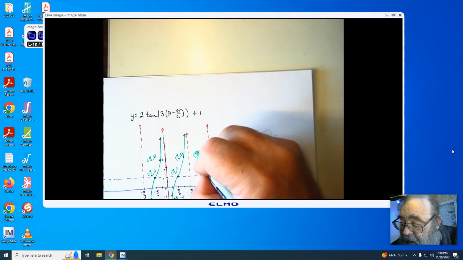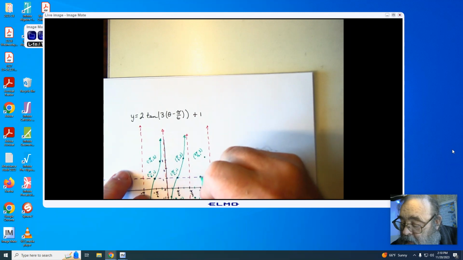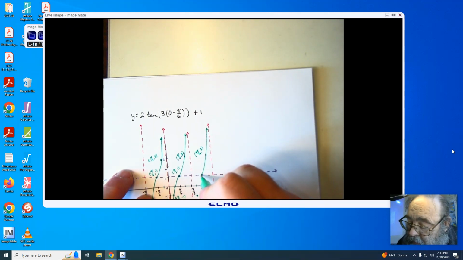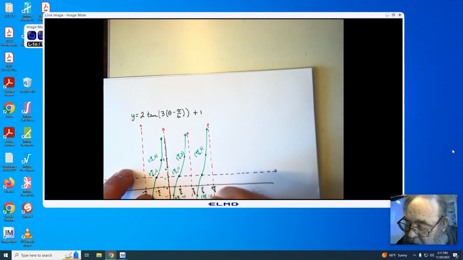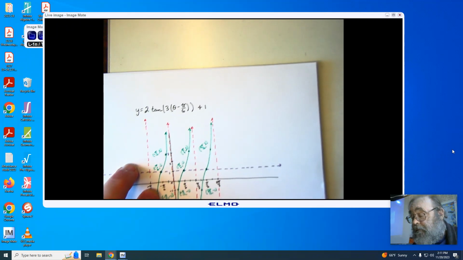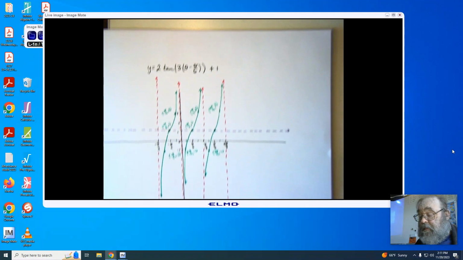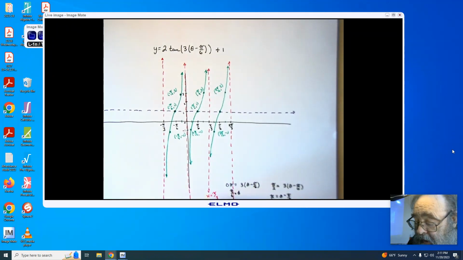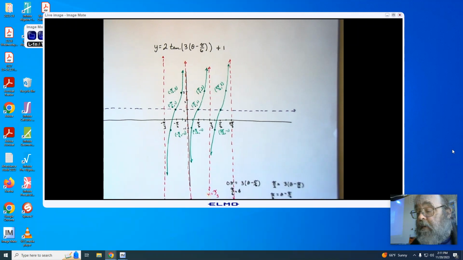So 7 pi over 12, comma 3. Concave up, going through the points and approaching the asymptote. Concave down and approaching the asymptote. Close enough. The only thing I haven't done is identified the very last asymptote, which I will now do as x equals negative pi over 3.